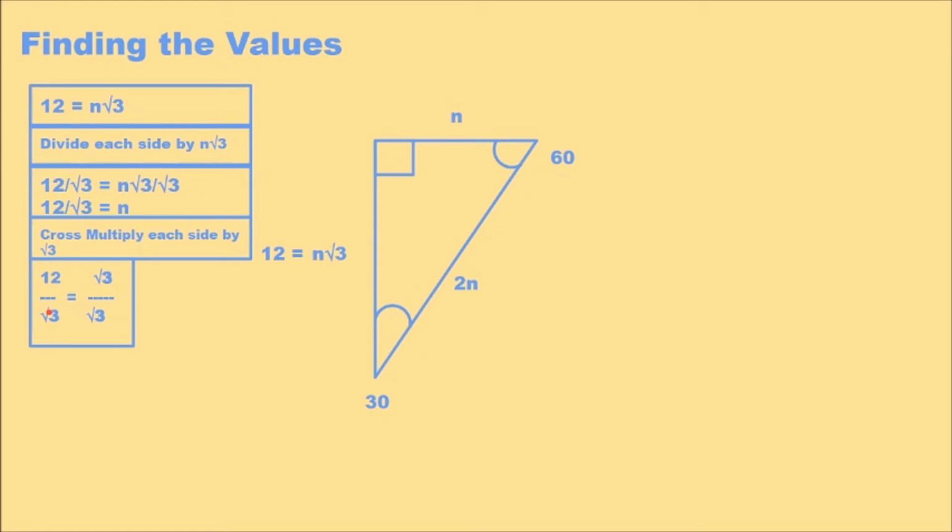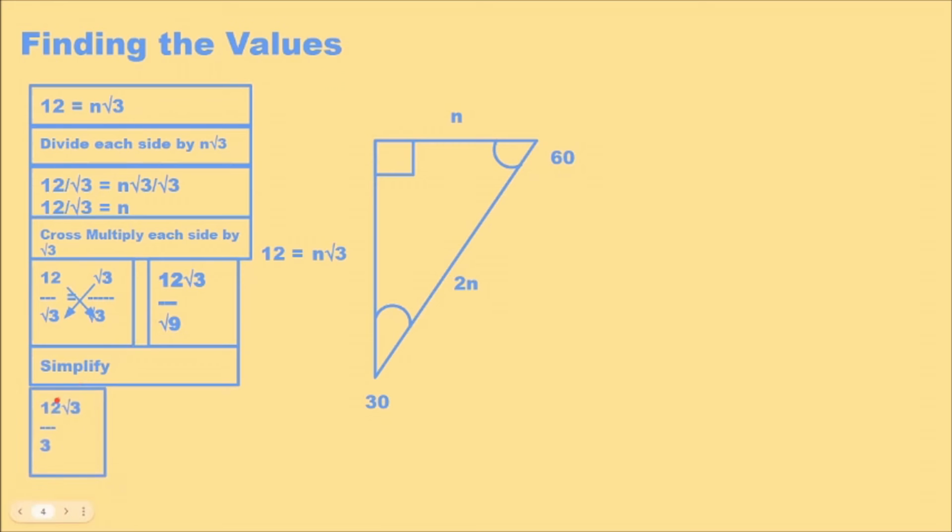You take this and multiply it to that, and you take that and multiply it to that. That leaves you with 12 times the square root of 3 divided by the square root of 9. We can simplify this a little bit, and that comes out to 12 times the square root of 3 divided by 3.